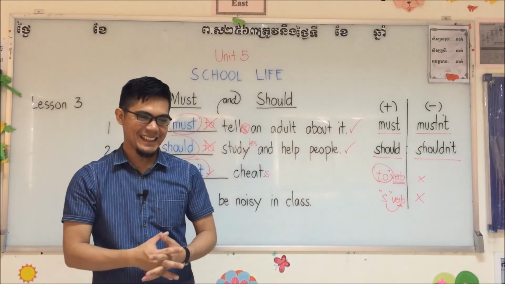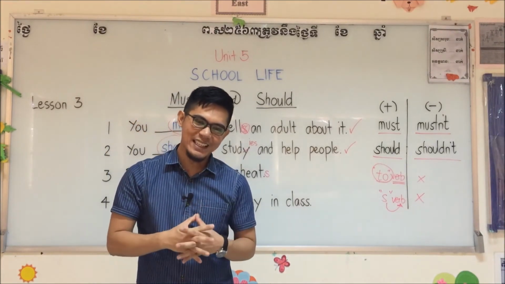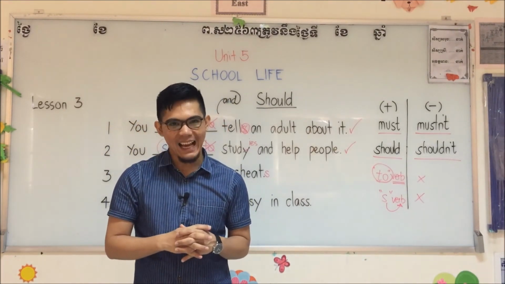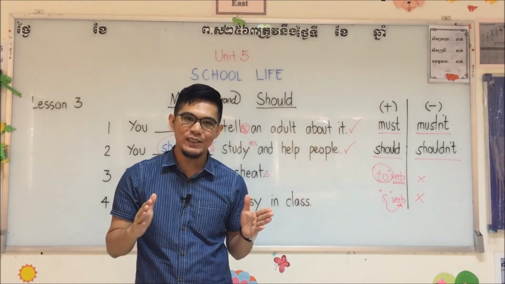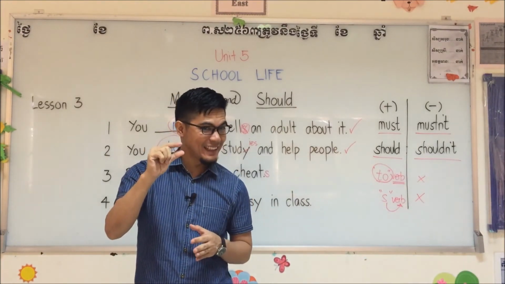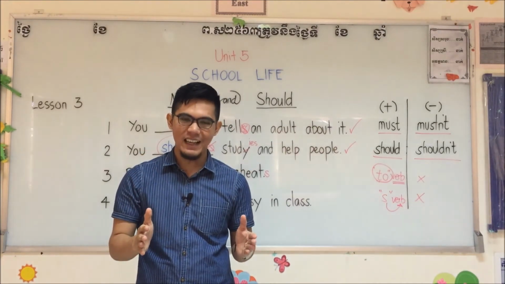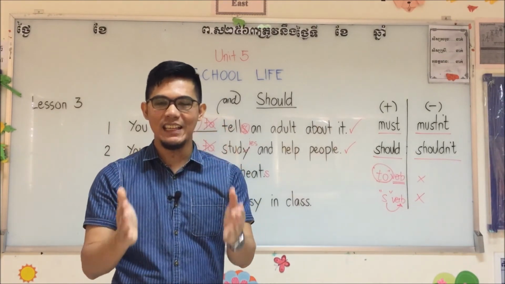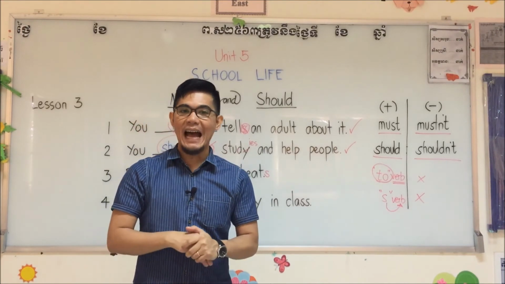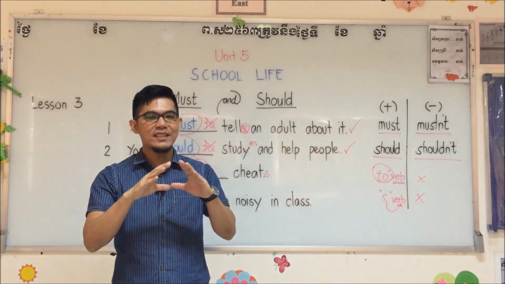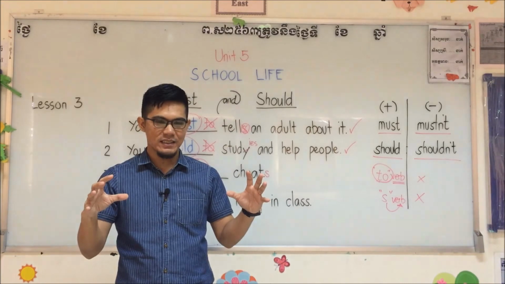Alright, that's all for today's lesson. I know it's a bit confusing, just a bit, but I know it's simple, and I know you have that idea. But we just have to learn these rules.